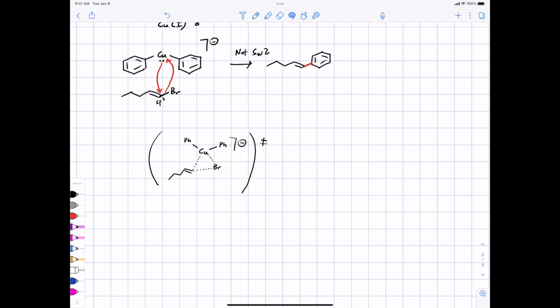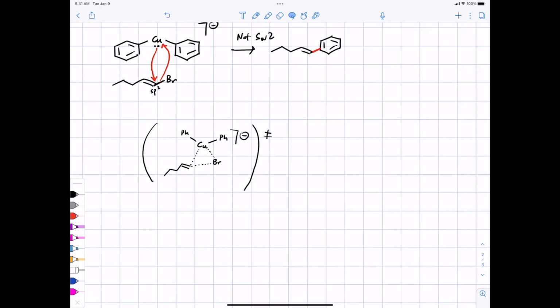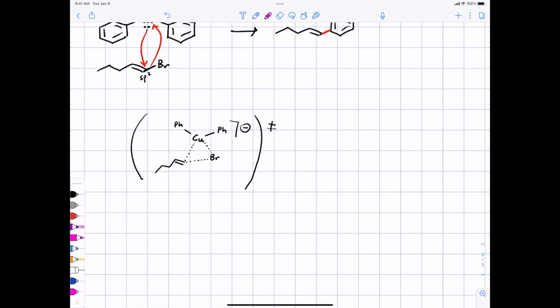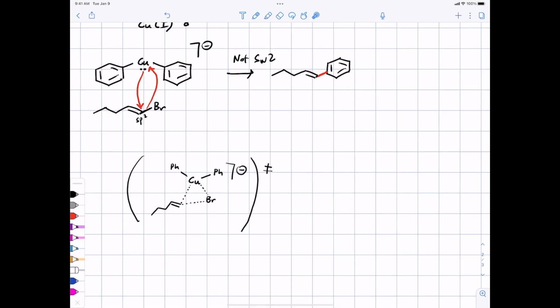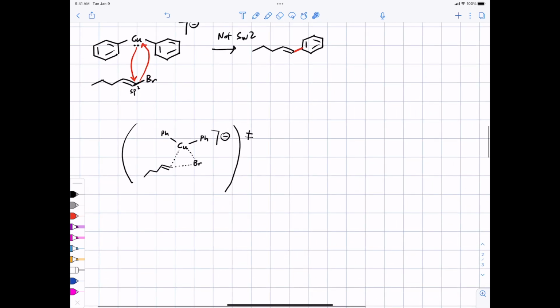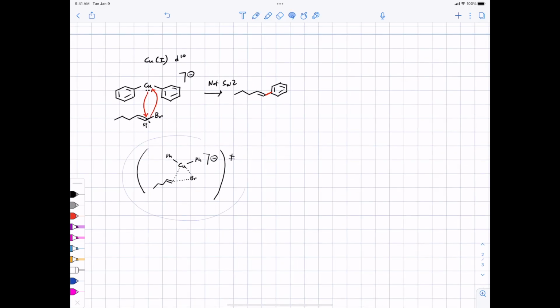Sort of a 3-membered ring transition state, not unlike what you saw before with, say, the MCPBA reaction with an alkene or bromination. Only the 3 atoms involved are copper, the sp2 hybridized carbon, and then the bromine. Let's look at the product of that first step, and then we're going to have a particular name for that kind of step.